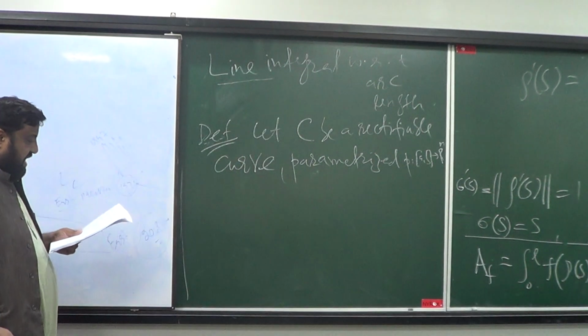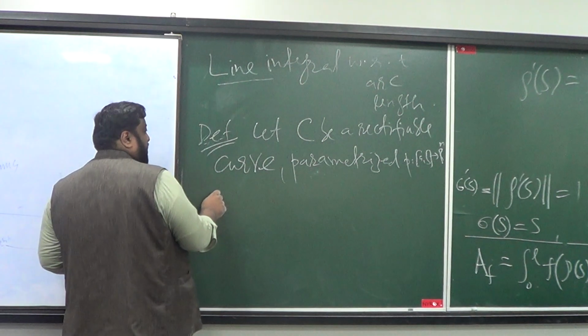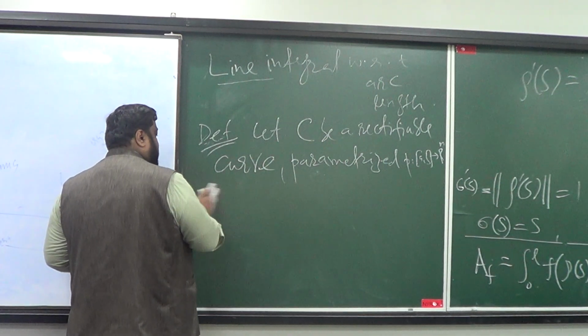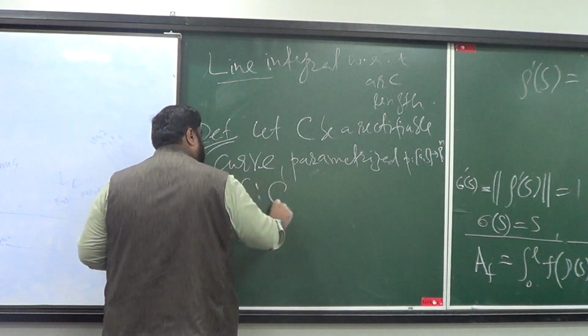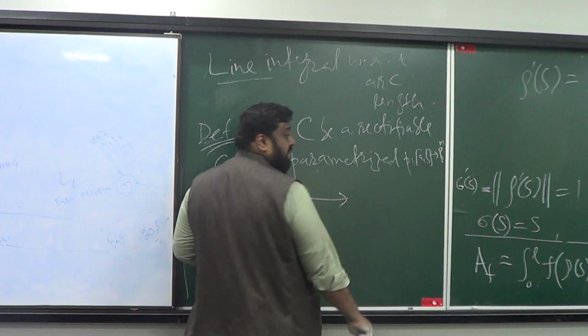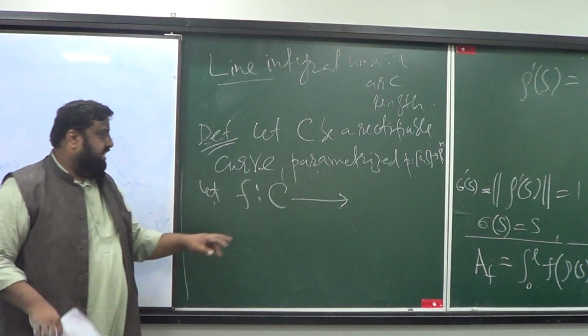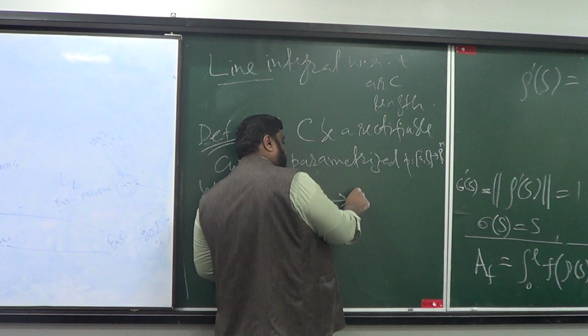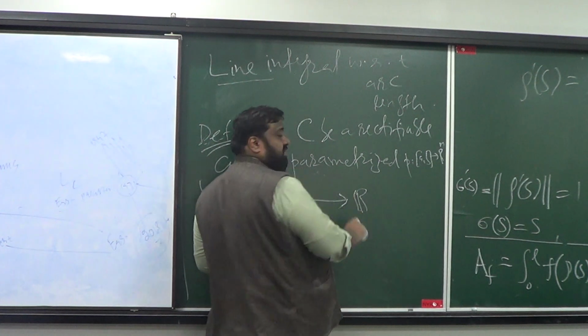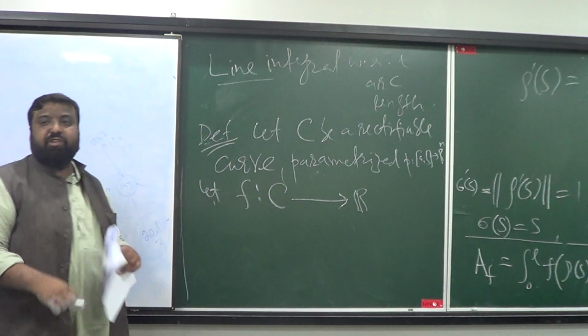And then on this curve I'm defining a map that takes inputs from the curve and gives outputs in Rn. So this would be a scalar field.